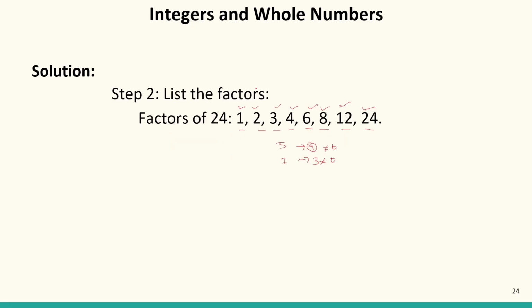So 1, 2, 3, 4, 6, 8, 12 and 24 were the factors of 24. 5 and 7 were not there because when divided, they left 4 and 3 as remainder, which are not equal to 0. That is why these won't be factors of 24.